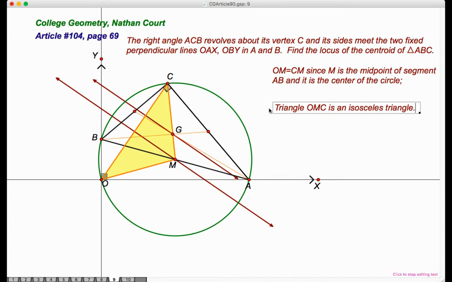And because it's an isosceles triangle, M, thus the locus of M is the perpendicular bisector of segment OC.